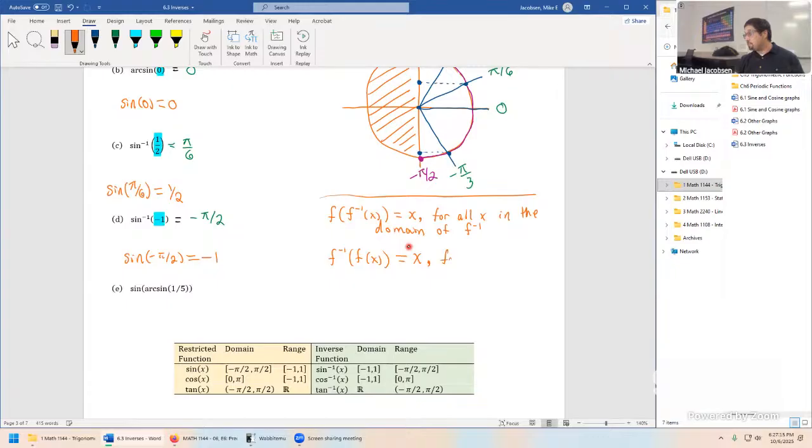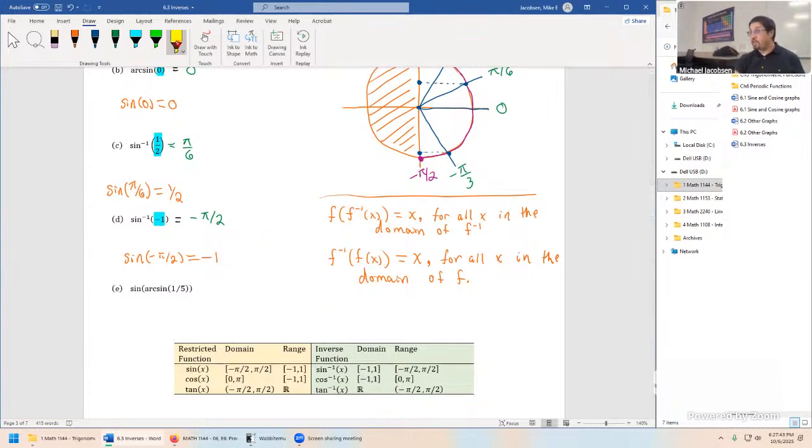This is for all X in the domain of F. And our domains, even if it doesn't say it explicitly, in the context of sine inverse, cosine inverse, and tangent inverse coming up, all of them are highly, highly restrictive. So this could fail in both directions.